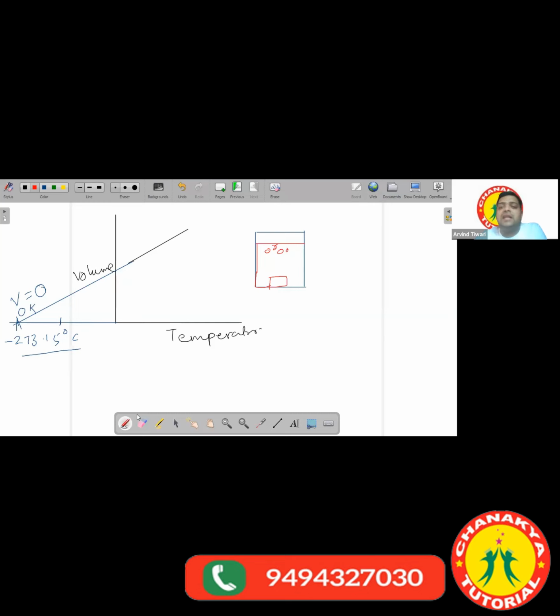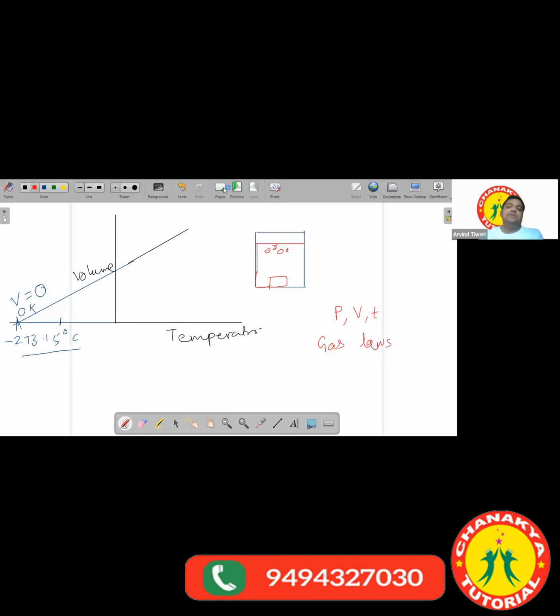So here in the kinetic theory of gases, we will study these things. We will study the variation of pressure, volume, and temperature. These are the three variables that we study. We also call them gas laws.